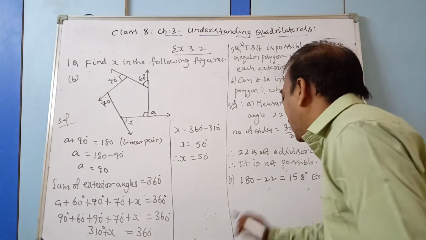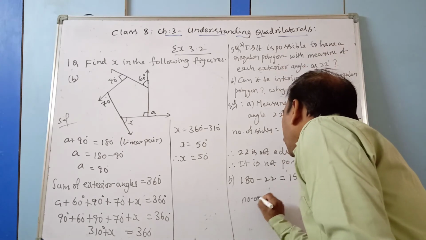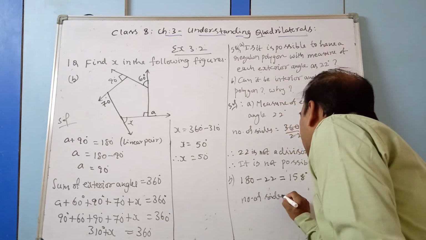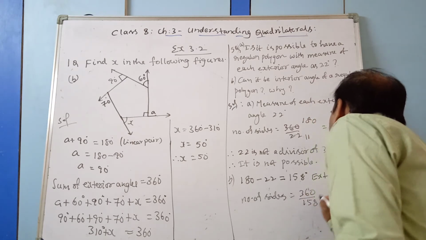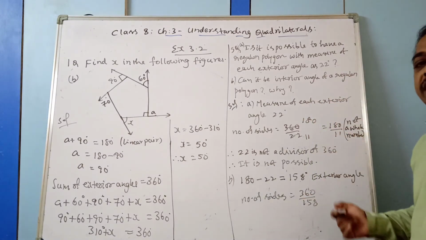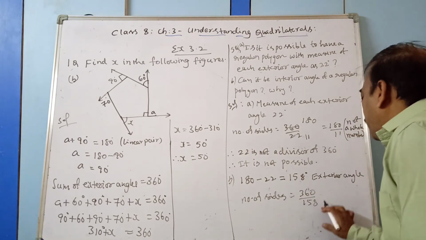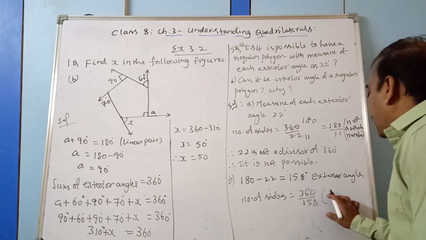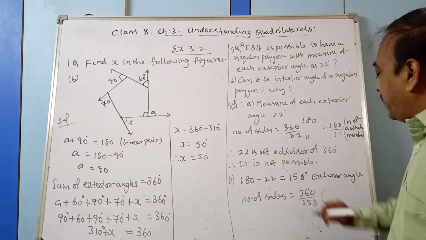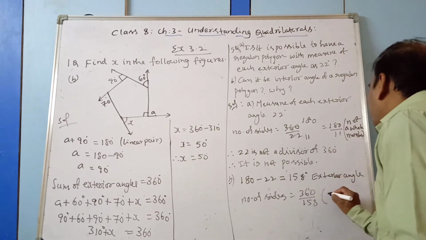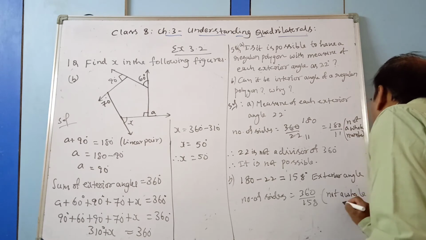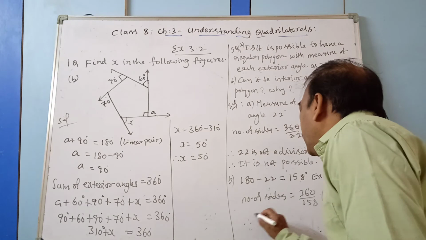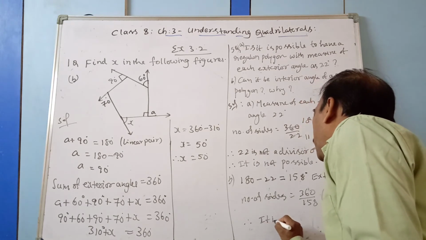Now again, number of sides is equal to 360 by 158, the measure of each exterior angle. If you divide, you won't get a whole number. Therefore, it is not possible.